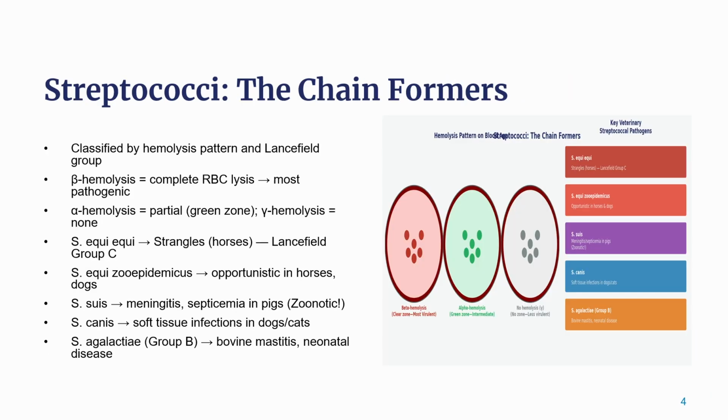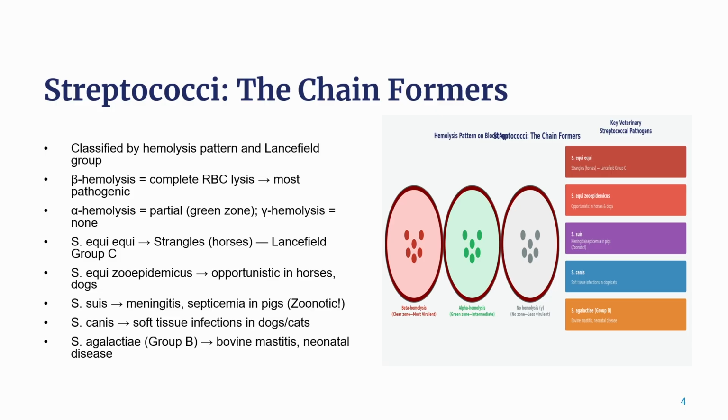The hemolysis pattern on blood agar is a fast, practical classification tool. Beta hemolytic streptococci, the complete hemolytics, are generally your most virulent. Streptococcus equi is a classic example. It causes strangles in horses, a highly contagious disease characterized by abscess formation in the lymph nodes of the head and neck.